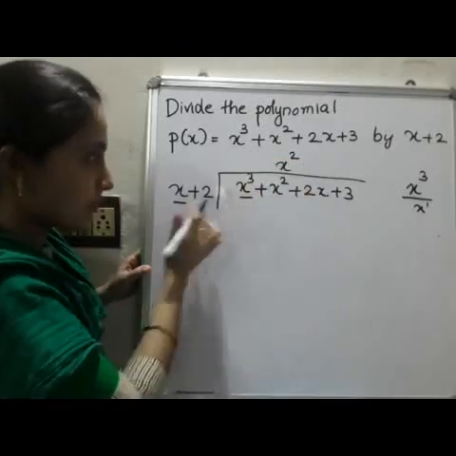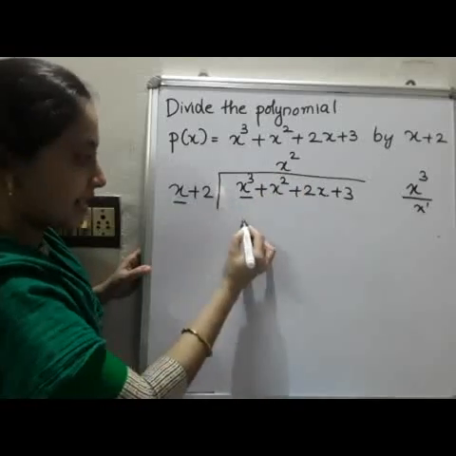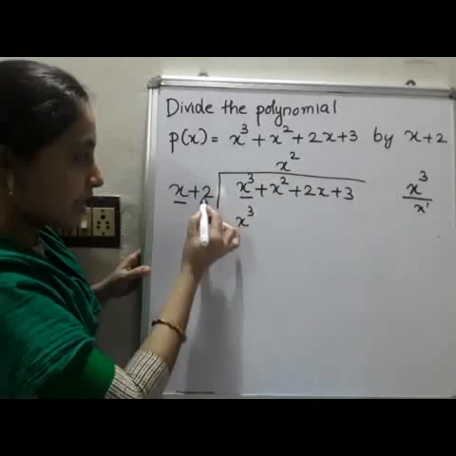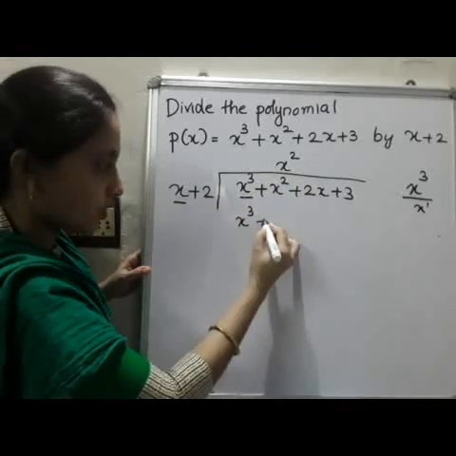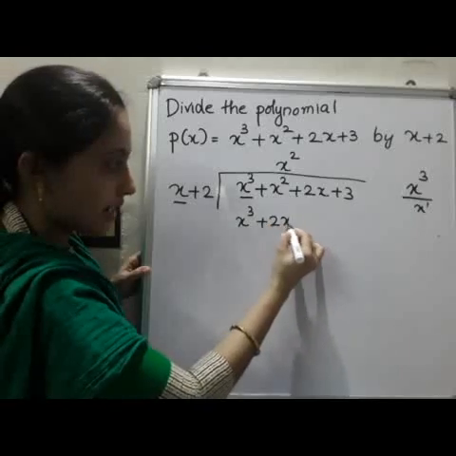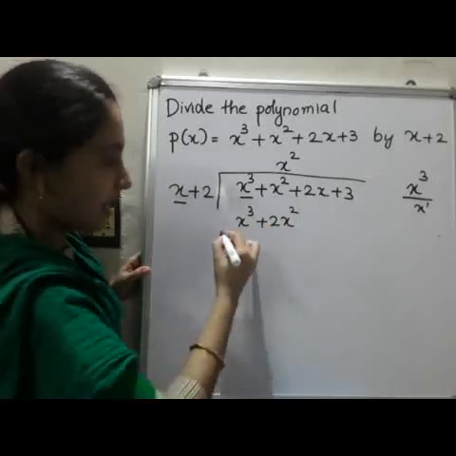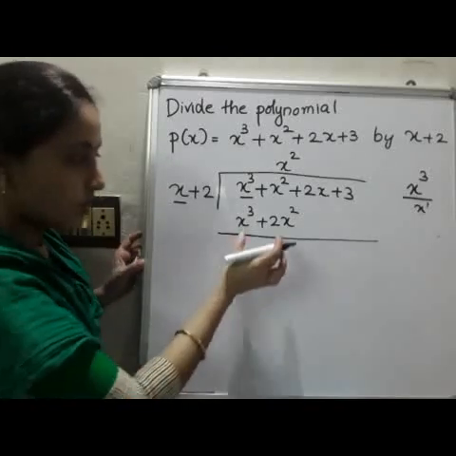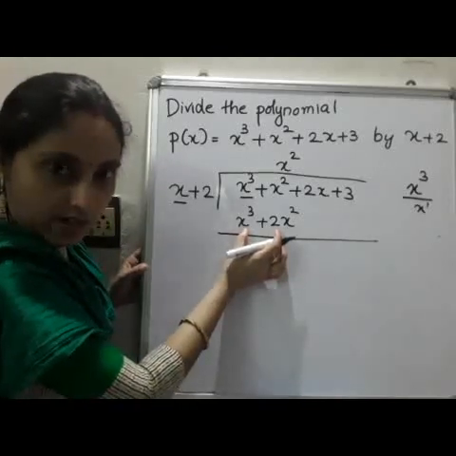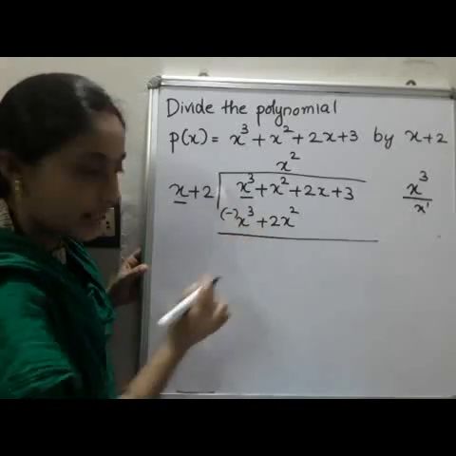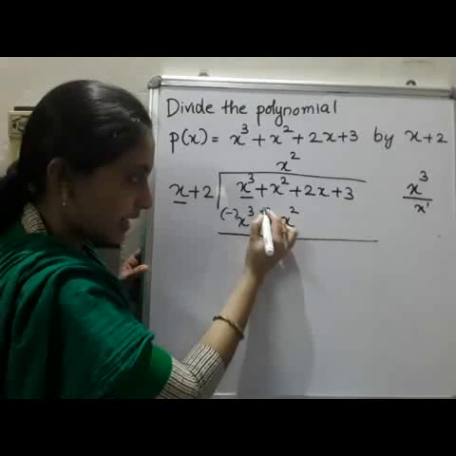Then you have to multiply: x square into x is x cube. X square into 2, here the sign is plus, so you put plus here. X square into 2 is 2x square. Then normal division: when we are dividing, you have to change the sign of the second one. So here it is positive, that becomes negative. Here it is positive, that becomes negative.